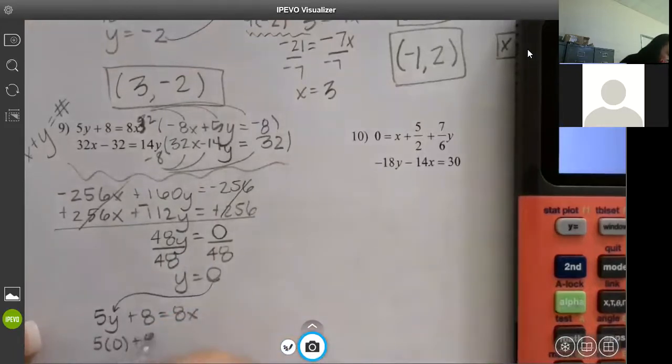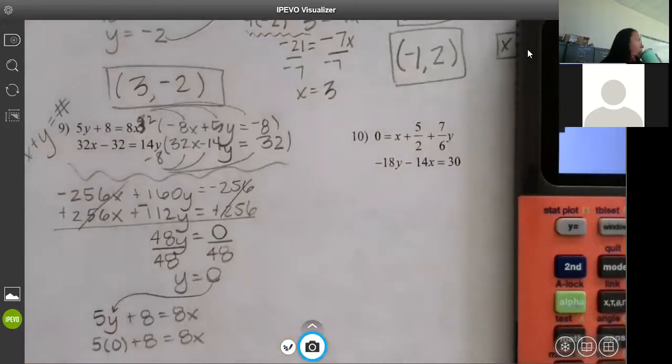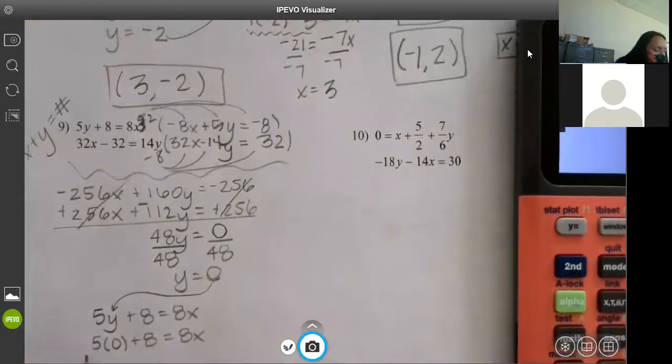So 5 times 0 plus 8 equals 8x. All of this can go in your calculator, but you can do this in your head. 5 times 0 is 0, plus 8 is 8, equals 8x.